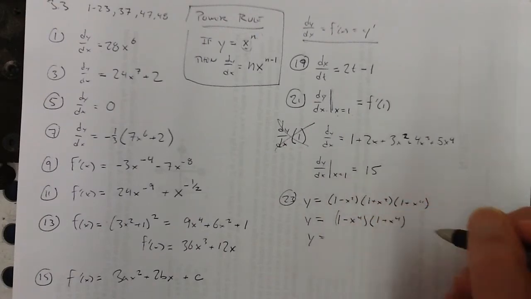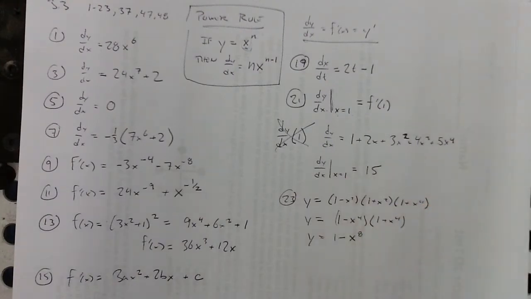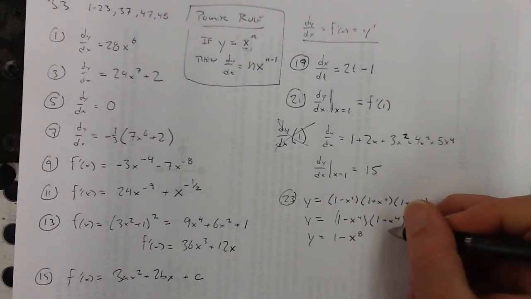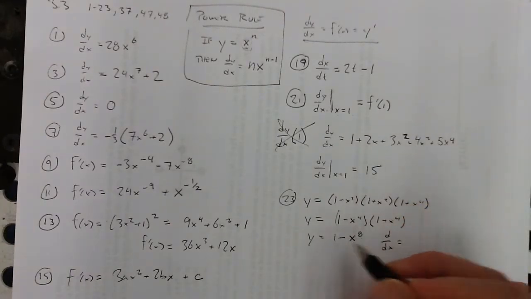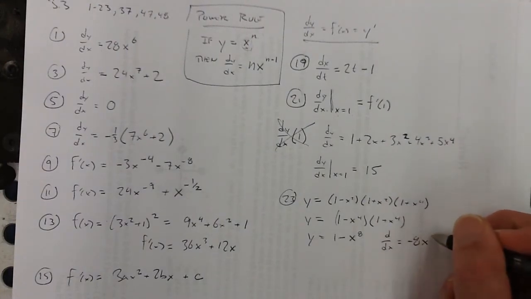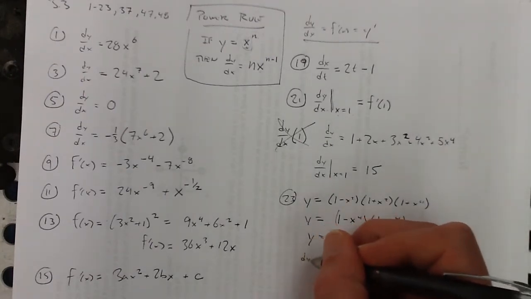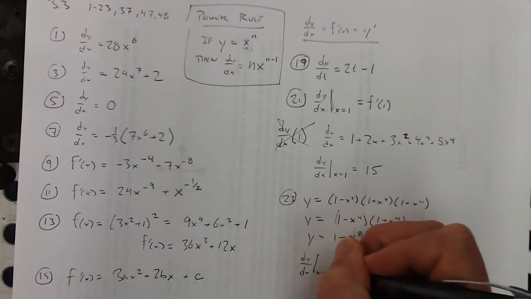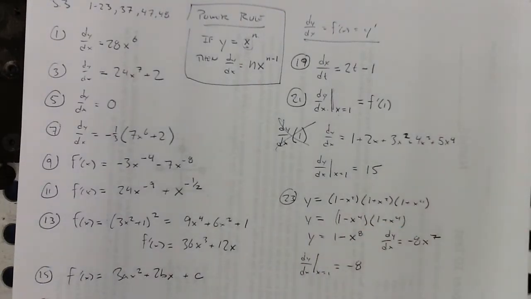So the foiling here is not nearly as bad as what one might imagine at the start. All right, so then we can find dy dx easily. The 1 goes away, so that's negative 8x to the 7. And dy dx at x equals 1 is negative 8. All right, so that was 23.